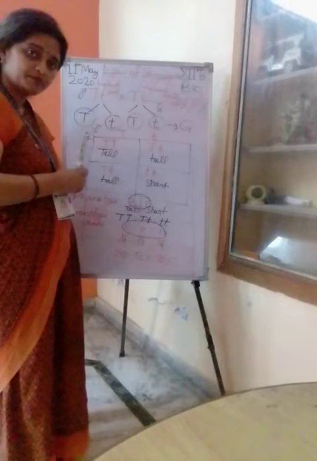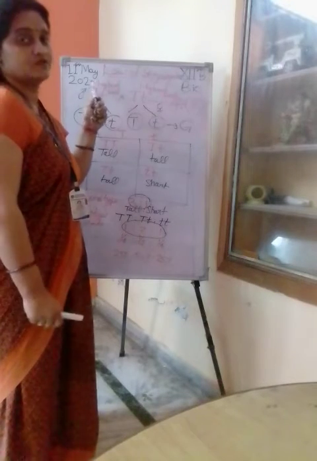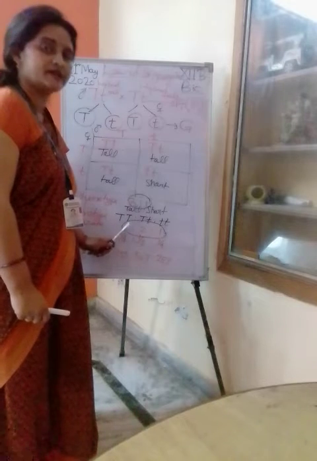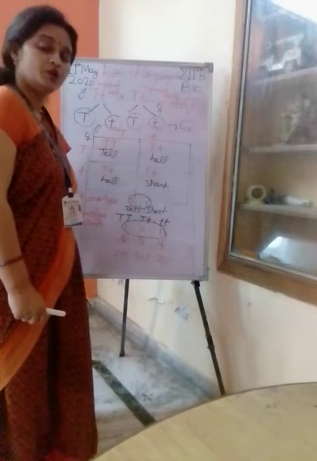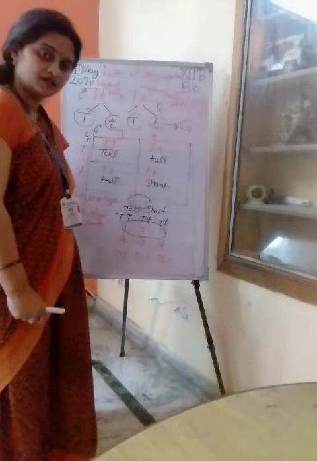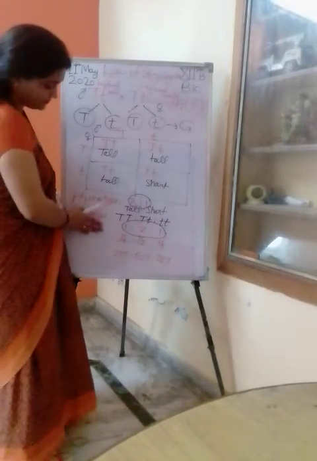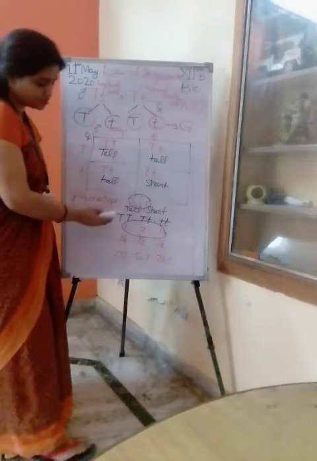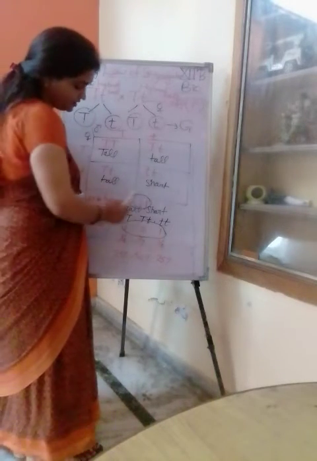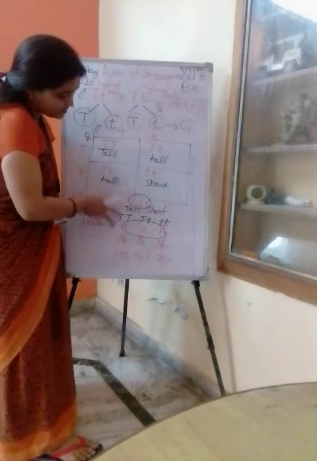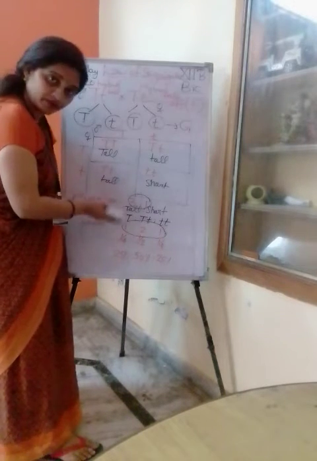Understand that? It means the second law, that is very important, but the phenotype ratio and genotype ratio are different from the law of dominance. How can you write this genotype ratio? The genotype ratio is 1:2:1 and the phenotype ratio is 3:1. It is the difference from each other.